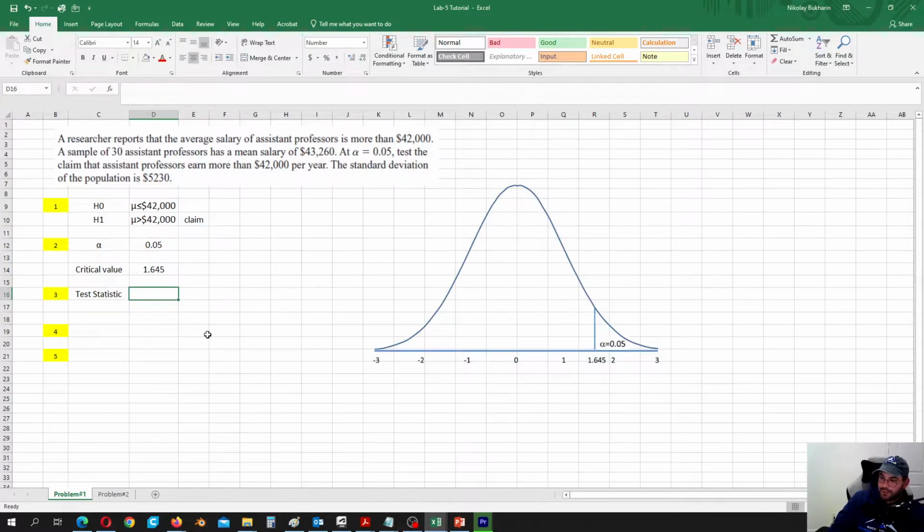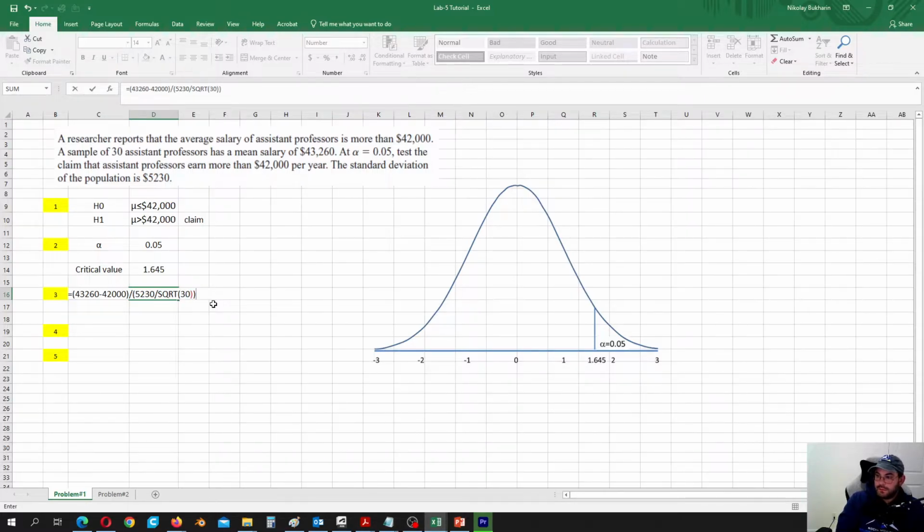Now we calculate the test statistic. This is the mean of the sample, 43,260, minus the mean of the population, 42,000, divided by the standard deviation, 5,230, divided by the square root of 30.